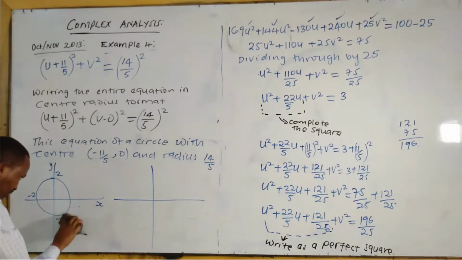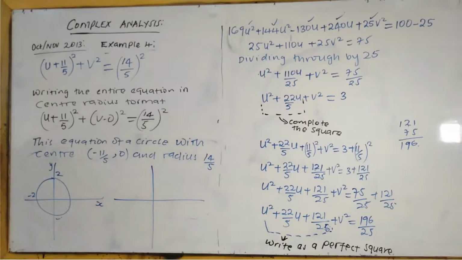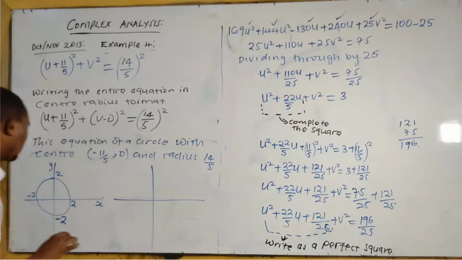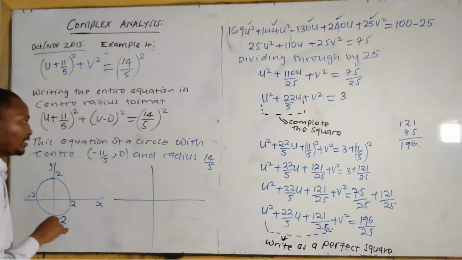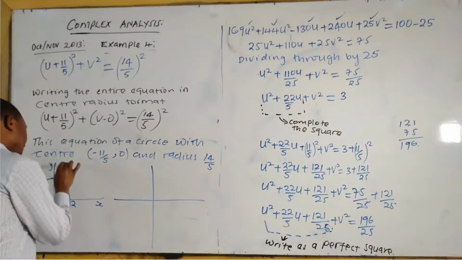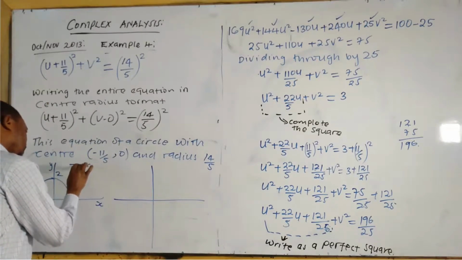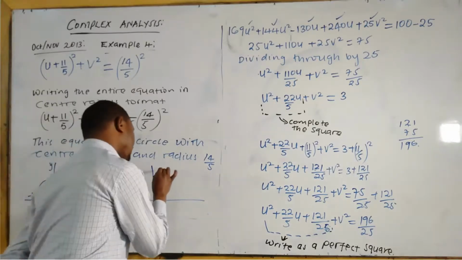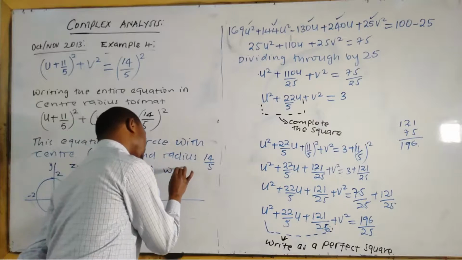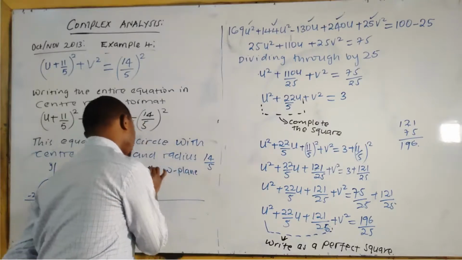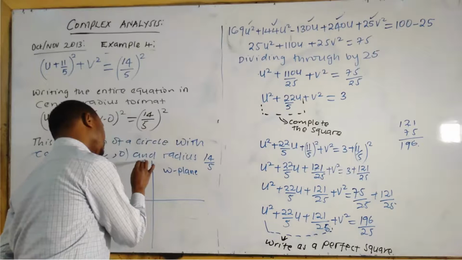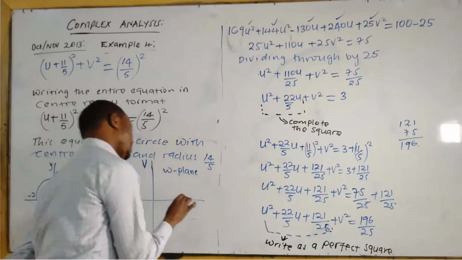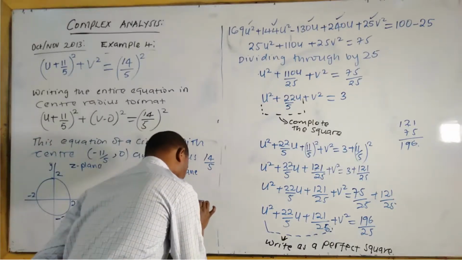But I do not want to make my Z look like a T. This is the Z plane. So here we have the W plane. This is U, not U but V, this is U.